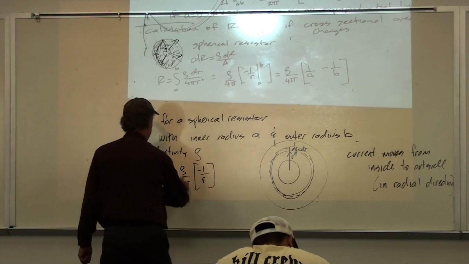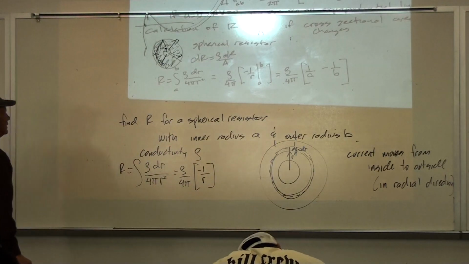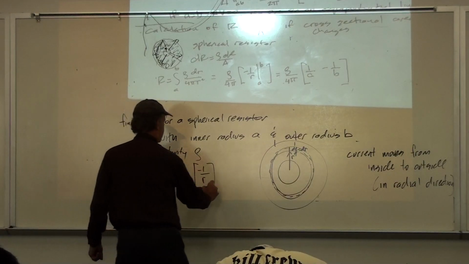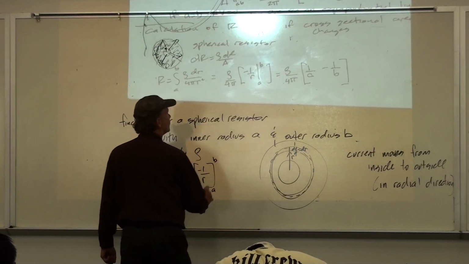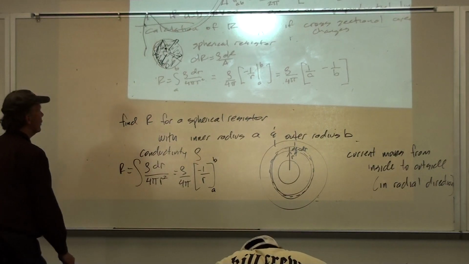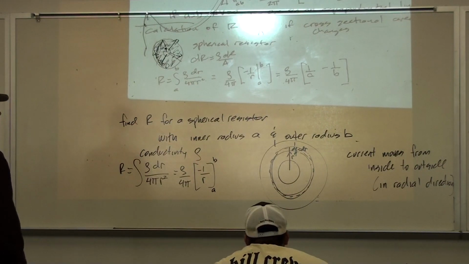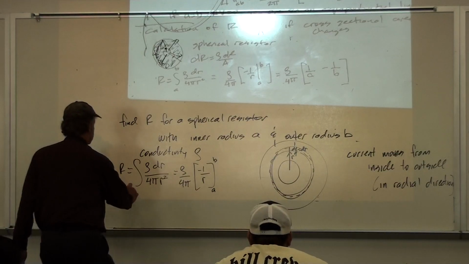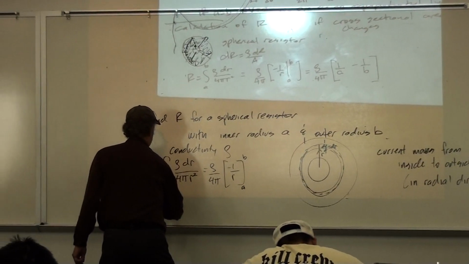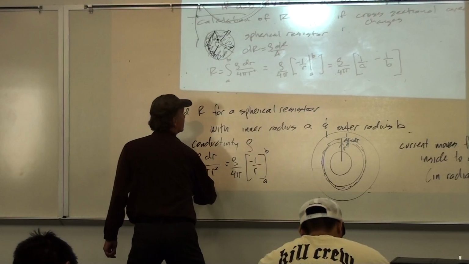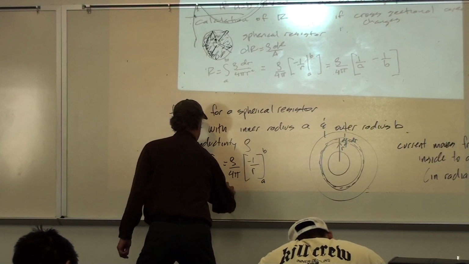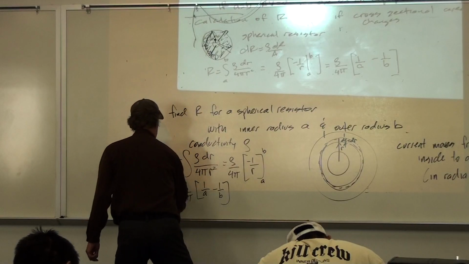We integrated 1 over r squared to give us minus 1 over r, evaluated from A to B. And so that'll be rho over 4 pi, and then I just reverse the order of integration to get rid of the minus sign. So this is going to be rho over 4 pi times 1 over A minus 1 over B. So that would be the total resistance.